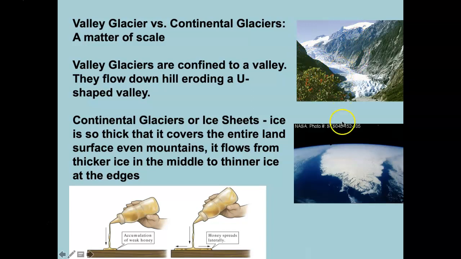This is Greenland. It's a large, thick expanse of ice that covers the whole continent. You can imagine it's thickest in the middle and flows out towards the coastlines at the edges of it.